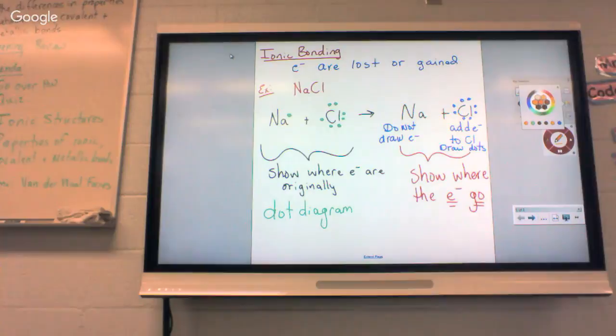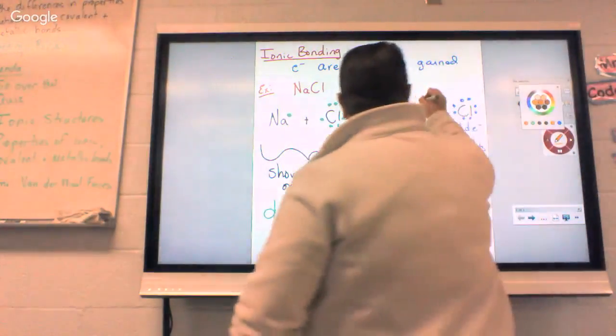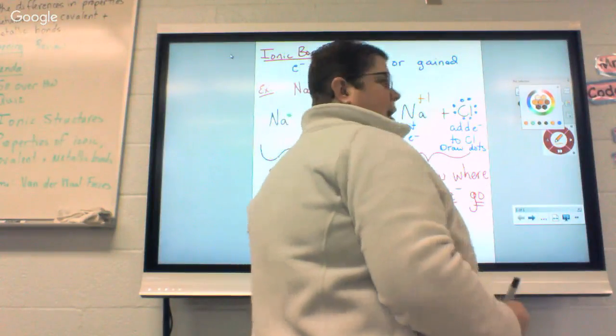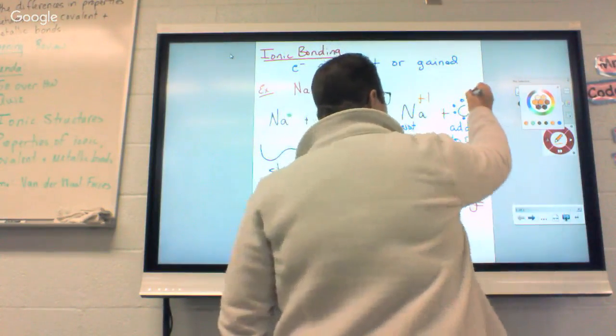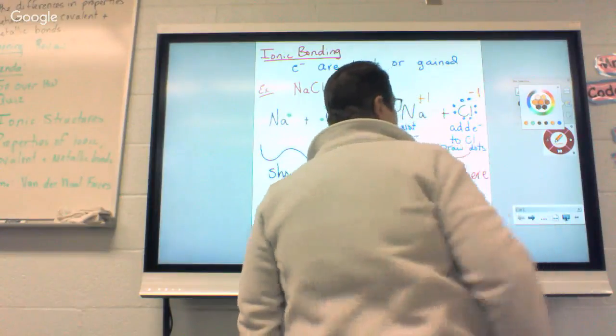So who gets the plus 1? So Na lost 1 electron, so we get the plus 1. And chlorine gets a minus 1 because it gained 1.